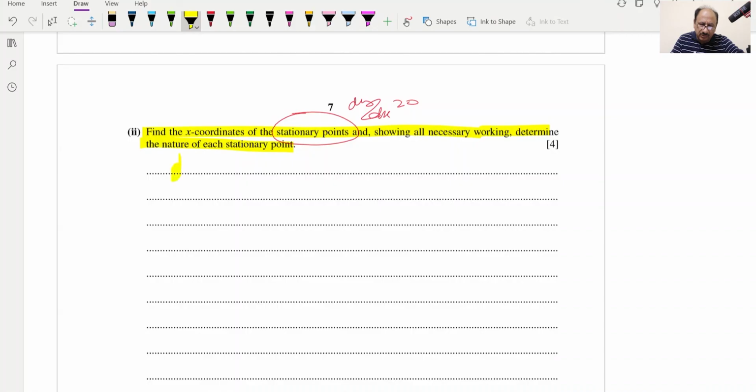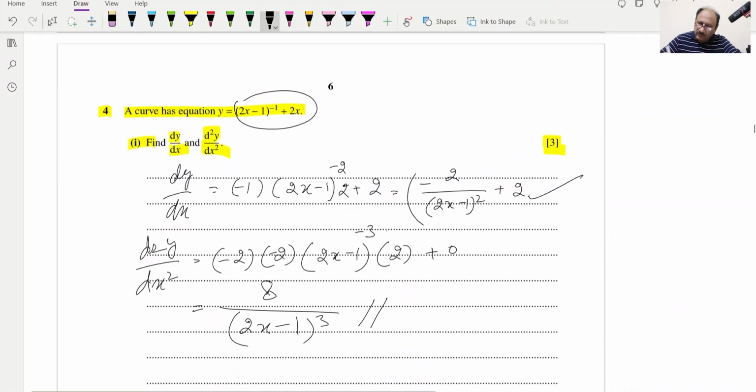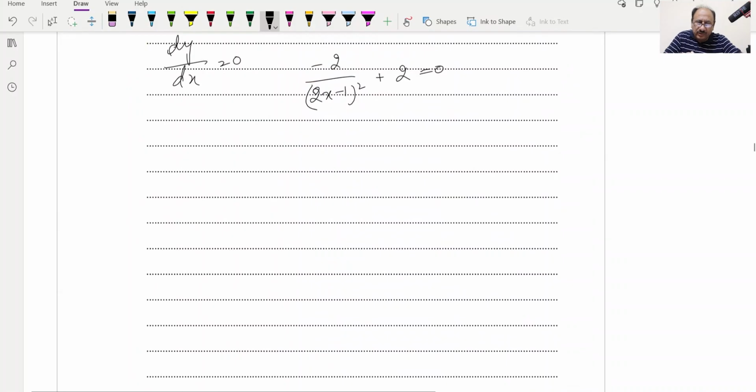So we replace dy by dx equal to 0, and dy by dx is minus 2 over (2x minus 1) squared, plus 2, equal to 0. This value we have taken from here.